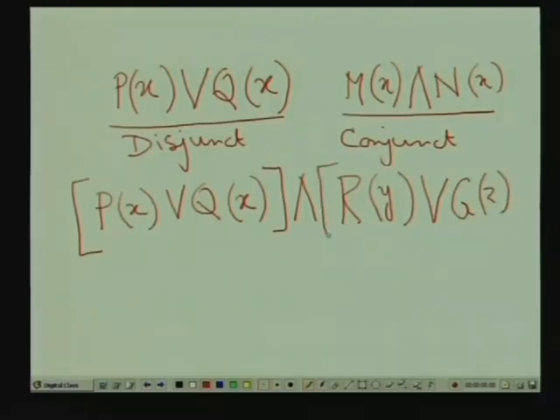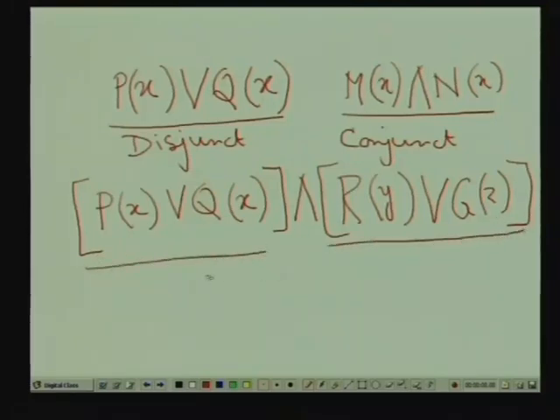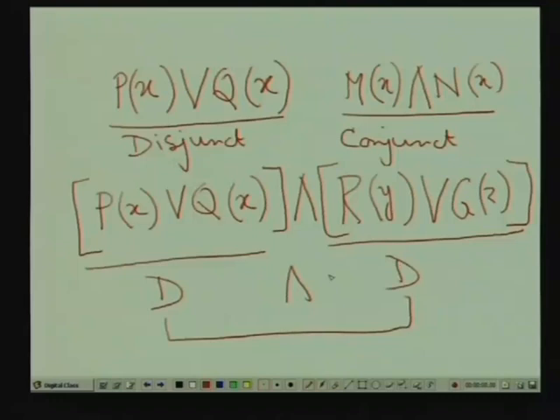Now, this is another disjunct. So, this is a disjunct, this is a disjunct, and I have got a conjunction of these disjuncts. So, a canonical form will be a conjunction of disjuncts only, all right. That is a canonical form.